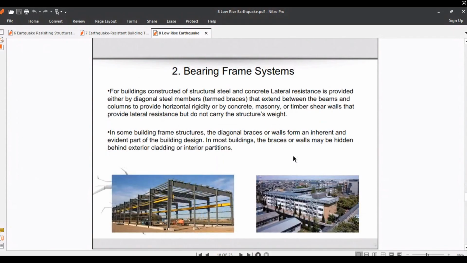Another way, building frame systems, as shown in the picture, for designing the resistant building.